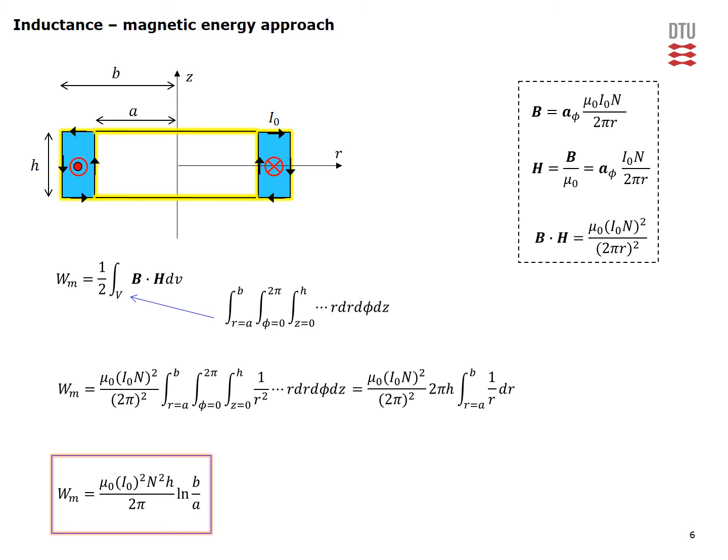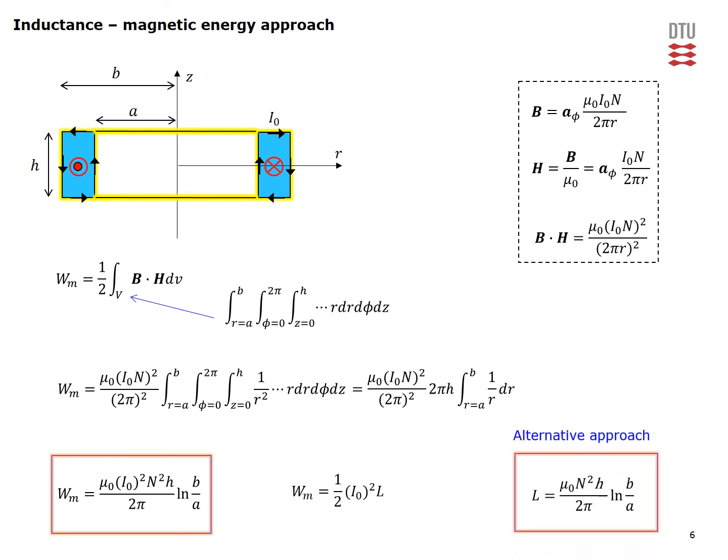So this would be the energy which is stored in the material that is being surrounded by this wire, which is our non-magnetic core of rectangular cross-section. This is of course related to the inductance of the system through this general equation where I naught is the current in the single turn, from which you can very easily isolate your inductance of the toroidal coil, which of course is given by the very same result as derived on the previous slide.